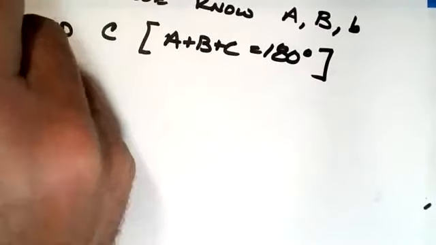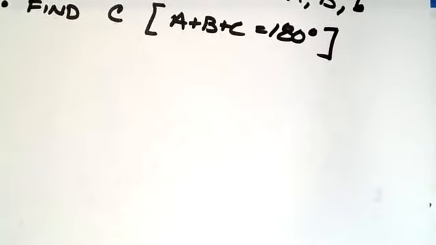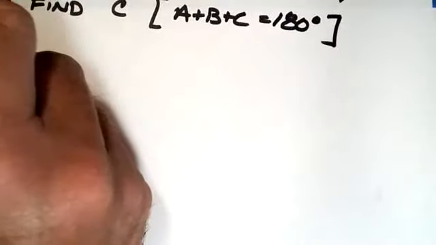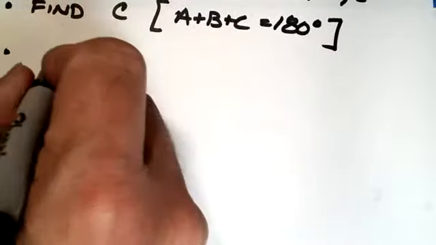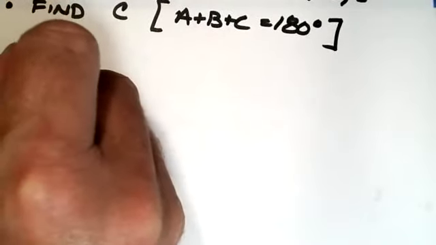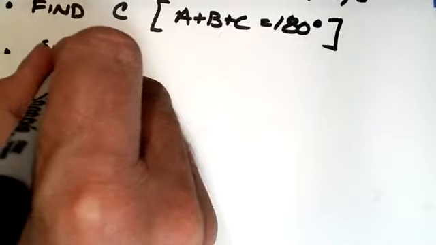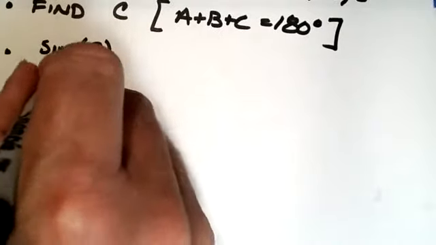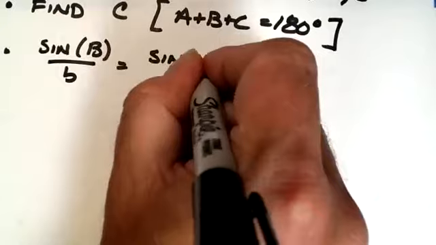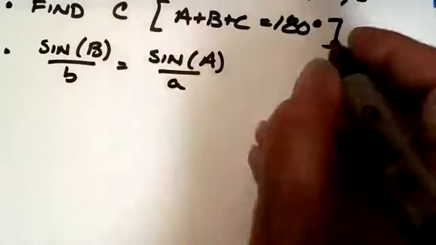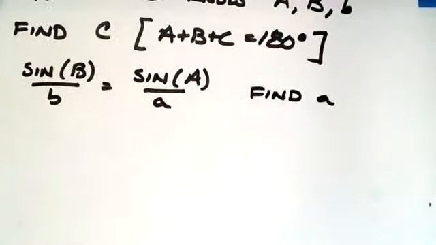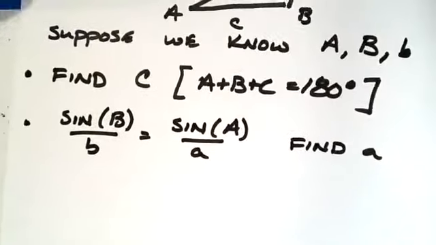Now, once we've found C, we now have all three angles, and we will solve the following equations. So we're going to use sine of B over B equals sine of A over A, find little a, right?